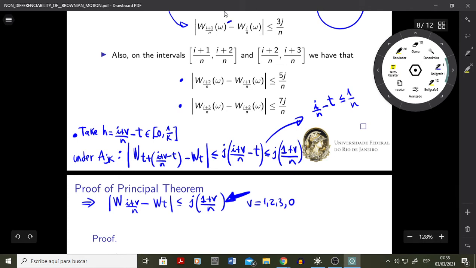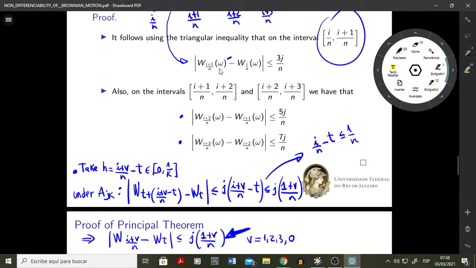Here you can rest the Brownian motion. Okay, just to give an idea, you use here a triangular inequality.